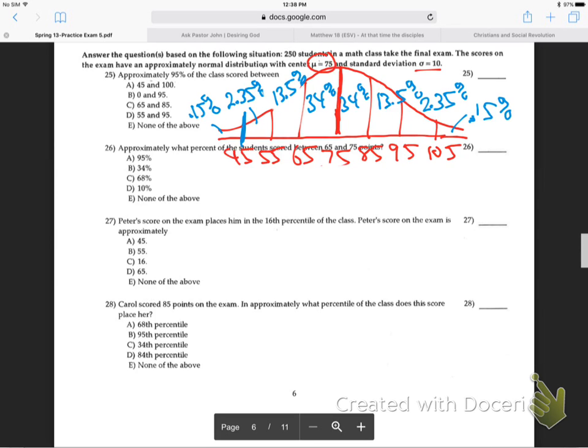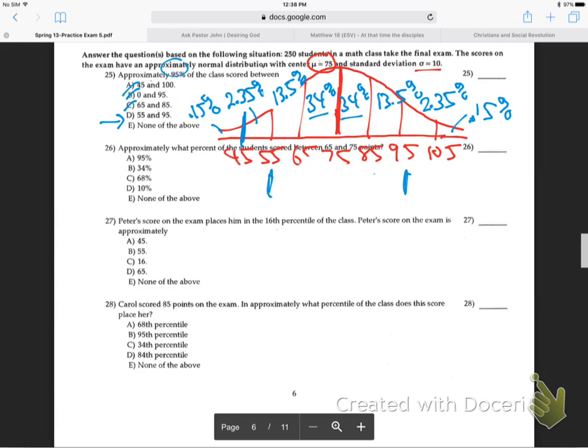It's not B because I don't have a 0. No way. Is it C? No. C only goes from 65 to 85. What percentage is between 65 and 85? 34 and 34, 68. That's not 95, right? They're asking me for 95. So it's not A, not B, not C. Maybe it's D. From 55 to 95.